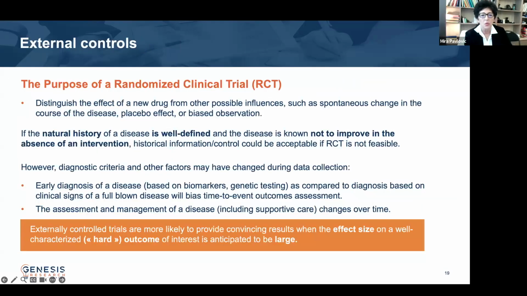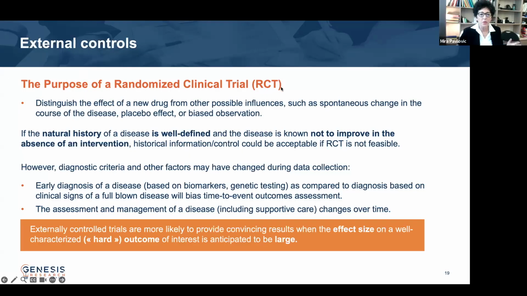With regards to external controls as compared to a randomized clinical trial, just to remind you, the RCT is here to distinguish the effect of a new drug from other possible influences. For example, vaccine and waning disease, spontaneous changes in the course, placebo effect, or a kind of biased observation. So what does it mean?